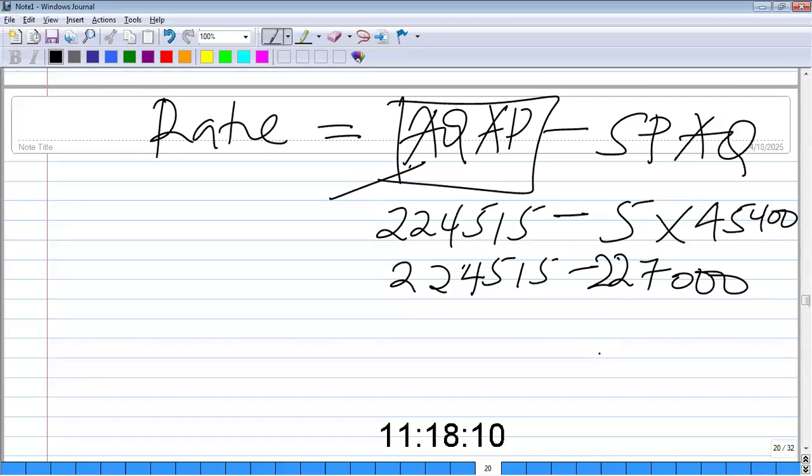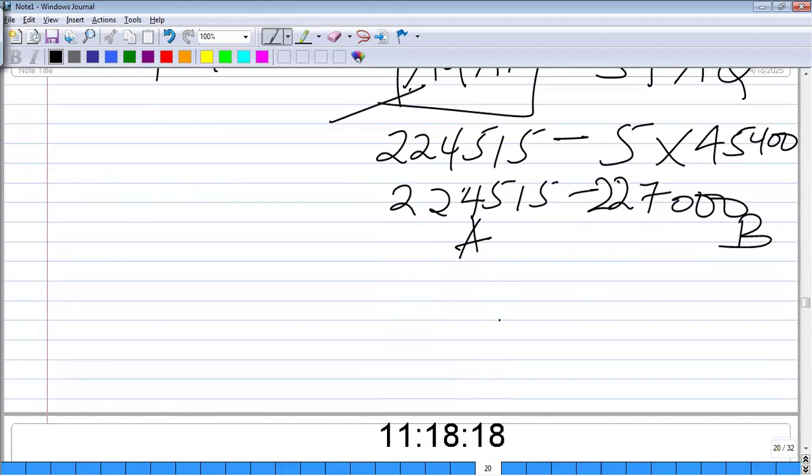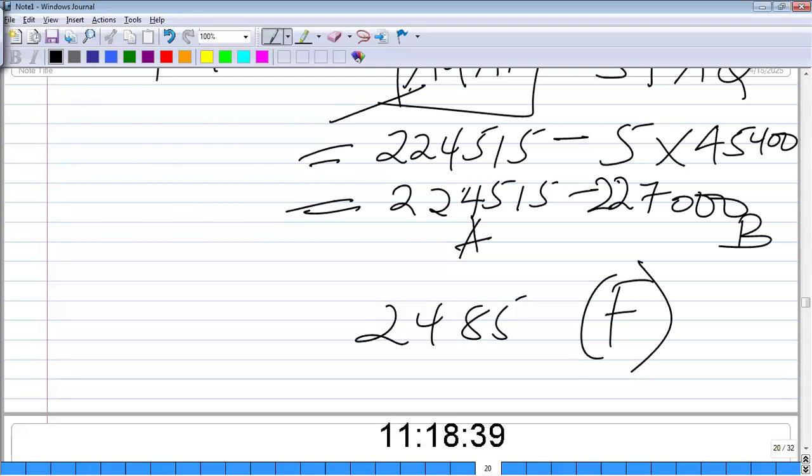227 should obviously be greater than 224. This is budget, this is actual. You're sure? We're making a saving. Now we're dealing with costs. A saving of how much? $248.